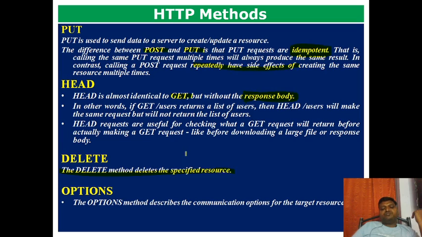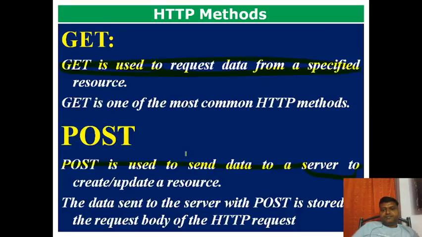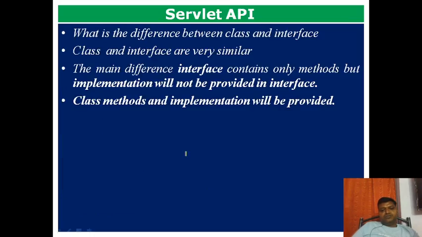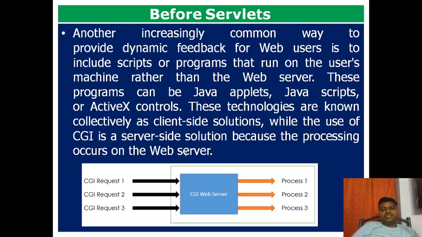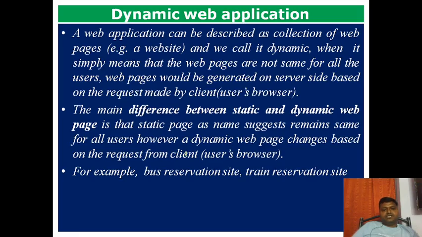So, what have we seen today? We have seen the difference between World Wide Web and Internet, the differences between CGI and servlets, what are the disadvantages of CGI, what are the features of the servlet.